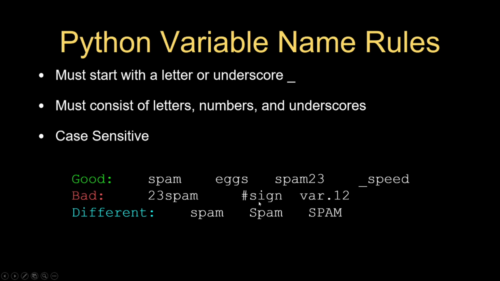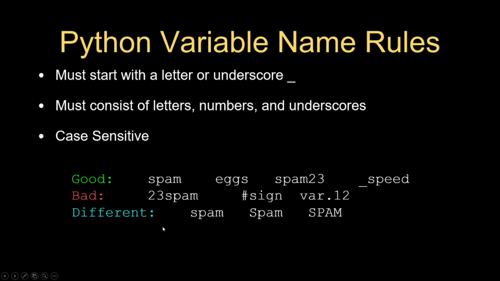Now, this is also considered bad, even though here we use a letter as our first character, then we have the number 12, but the dot here is not a valid character in naming your variables. So it is not allowed.